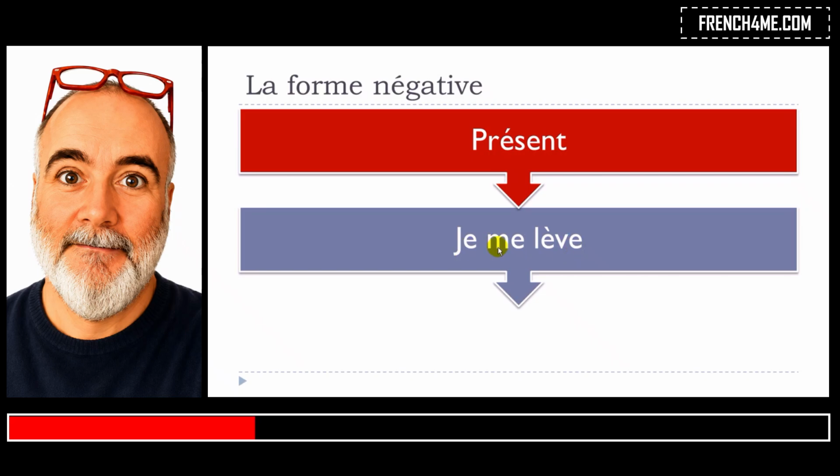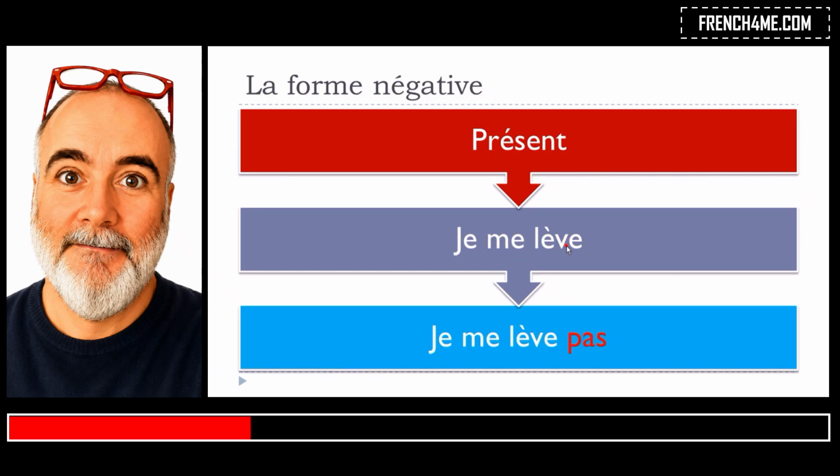And then you've got je me lève. If you want to put the negative form, then you will only put this pas at the end. Okay? This is informal. It's not formal French. It does mean that if you want to communicate with officials or in some serious situations, you should definitely use the two parts of the negative form.